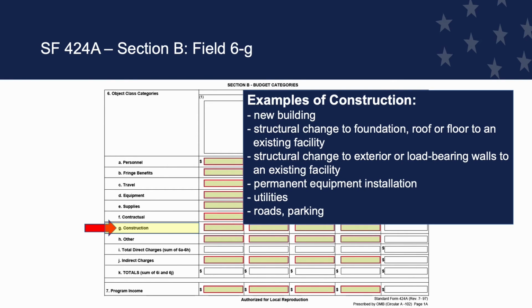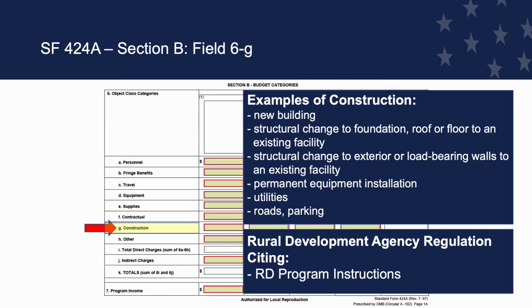Construction means the creation of a building, structure, or facility, including the installation of equipment, site preparation, landscaping, associated roads, parking, environmental mitigation, and utilities, which provides a space not previously available. Please consult funding agency regulations and the notice of funding opportunity for more information on allowable compensation for construction cost.